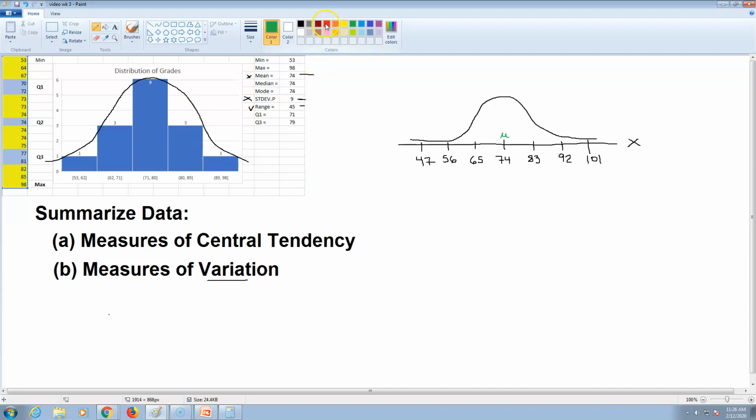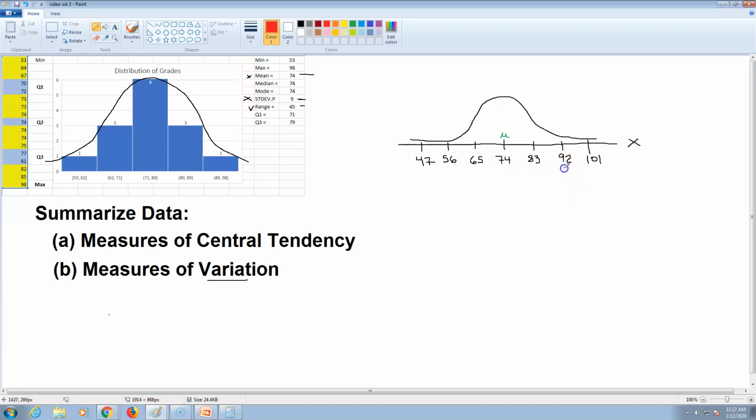One of them is what I said. I want to identify which of these data are typical, also known as usual, or not typical, also known as unusual. What you do is start from the middle, the mean, and count 2 standard deviations to the right. Since my standard deviation is 9, I'm going to count by 9 twice to the right. So I ended in 92.